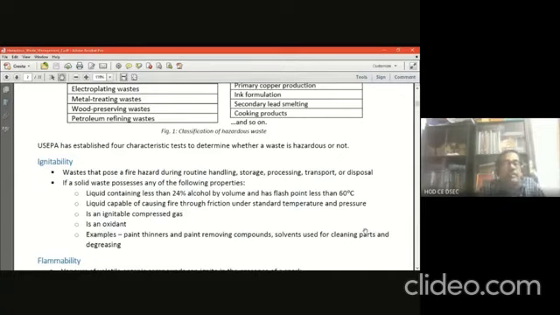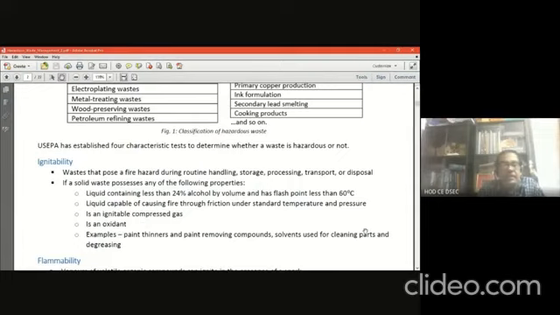If it is an ignitable compressed gas, then also it is ignitable. It may be an oxidant, because oxidant means it helps combustion in the presence of oxygen.